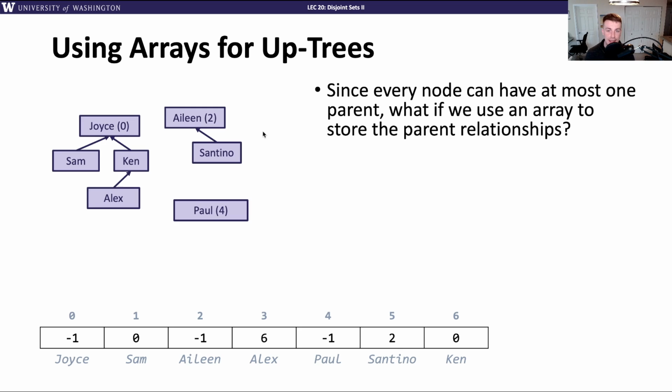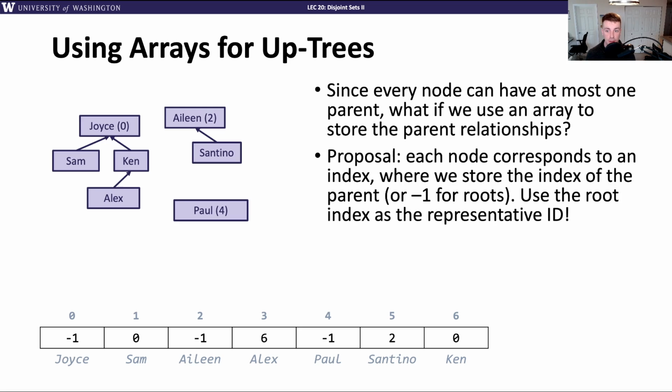So here's the idea. Because each node only needs to keep track of its parent, we can use a super clever representation of an array that keeps track of these parent relationships. Each node in our uptree corresponds to an index in the array, and the value at any particular index stores the index of its parent.